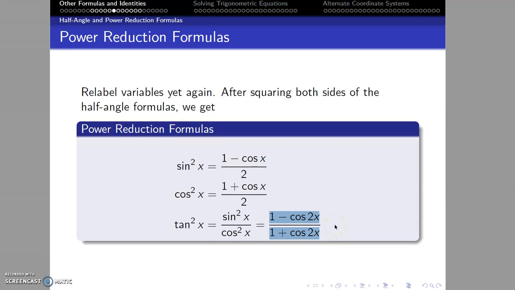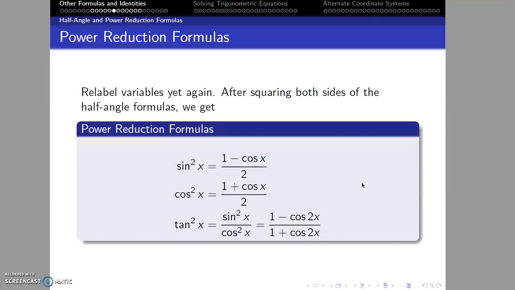I could do the double angle for cosine, do the double angle for cosine again, and clean that mess up, and hopefully eventually, assuming I did it right, I would end up right there at tangent squared x. Or, recognizing that I have this identity now, I don't have to do any of that. Having this expression is automatically tangent squared of x. And that is the power of the power reduction formulas.